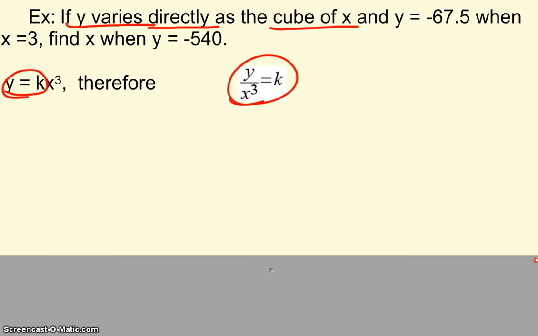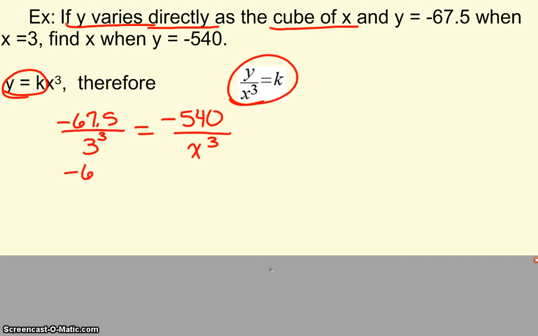The 2 values I know are negative 67.5 for y, and k was 3, so that's 3 cubed. And that's going to equal negative 540 over our other x value, which is missing. So we'll just call that x cubed. So when we do our cross products, first we need to simplify some stuff. This is negative 67.5 over 27 equals negative 540 over x cubed.